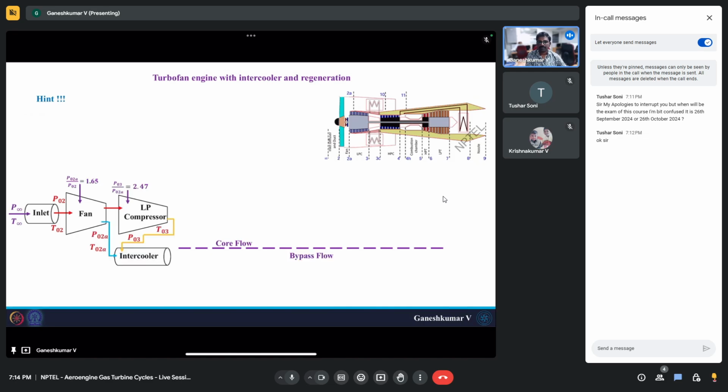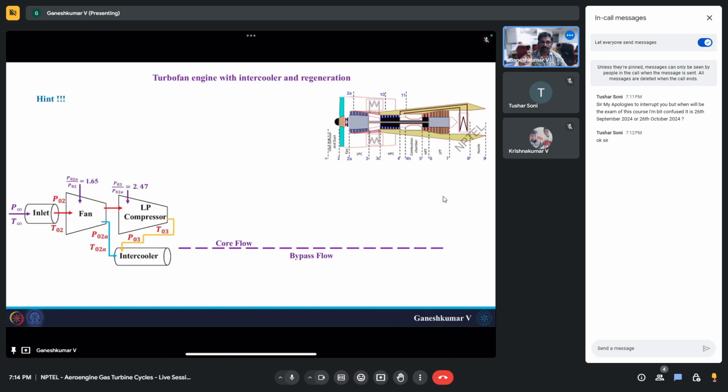Now the only thing is, from the fan the bypass stream enters the intercooler, and from the low pressure compressor the core stream also enters the intercooler. There is a heat exchange between the core stream and the bypass stream. It doesn't necessarily get mixed up. These are two different pipes, so it's a heat exchanger.